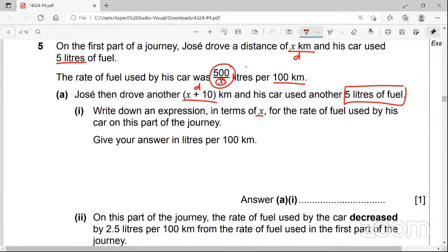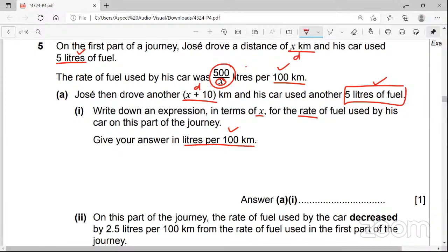Now, the second part of the journey, what you notice there is they are talking about 5 liters of fuel, just like it was done in the first part of the journey, altogether. And then they are also talking about liters per 100 kilometers, just like it was also said in the first part of the journey. The only difference between the two is the distance. Can you see that? So the expression that I'll write here for the rate, I will just have the 500 as my constant altogether.